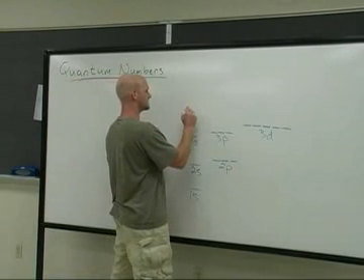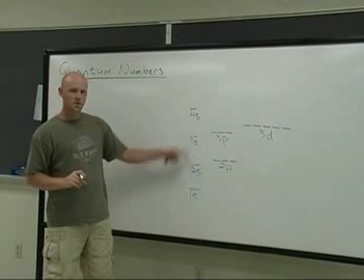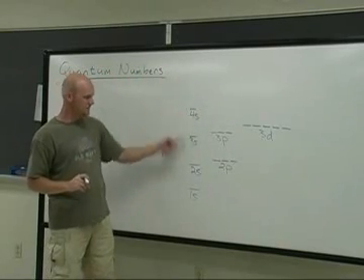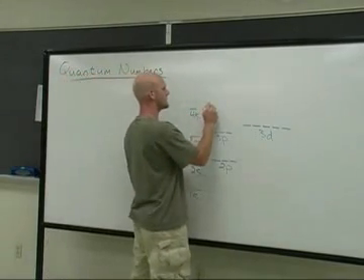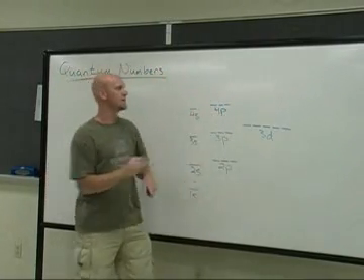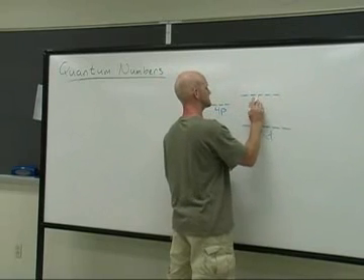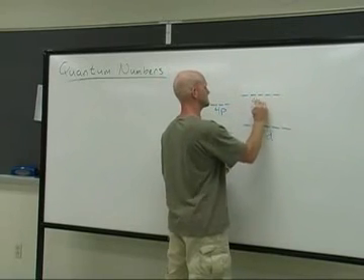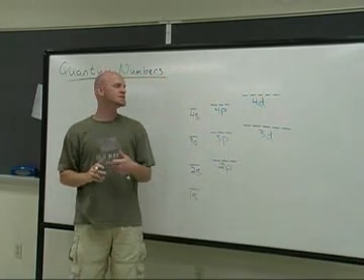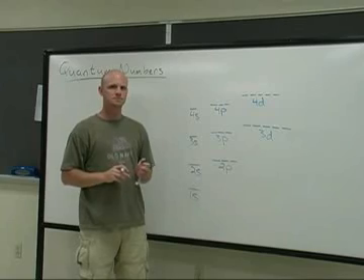Also note there's only one S orbital per S subshell. There are 3 P orbitals per P subshell. There are 5 D orbitals per D subshell. How many F's are there going to be? 7.